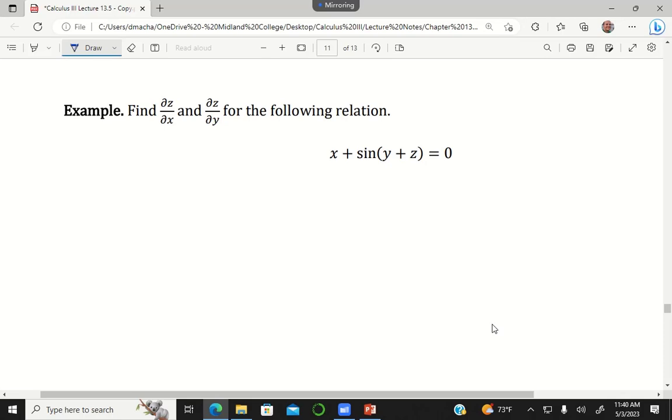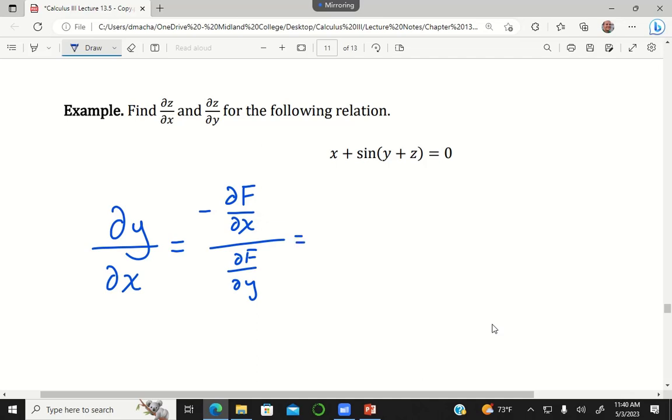All right, let's switch it up a little bit and let's find the partial of y with respect to x. So this would be the partial of f with respect to x over f with respect to y. Okay. And then in the denominator?